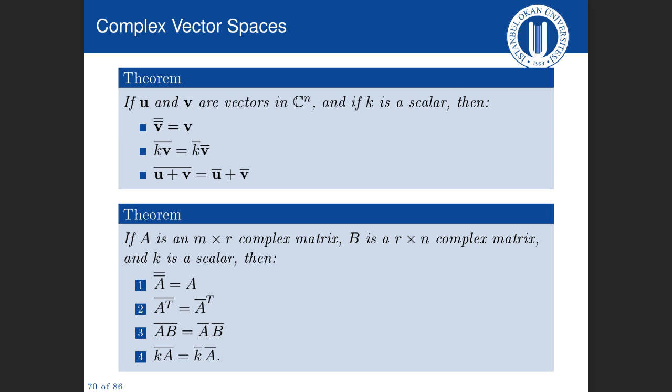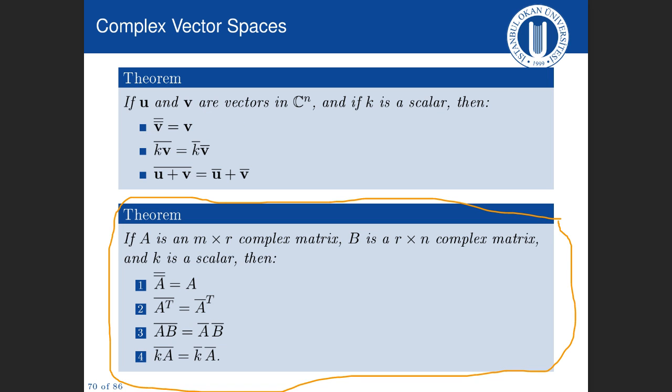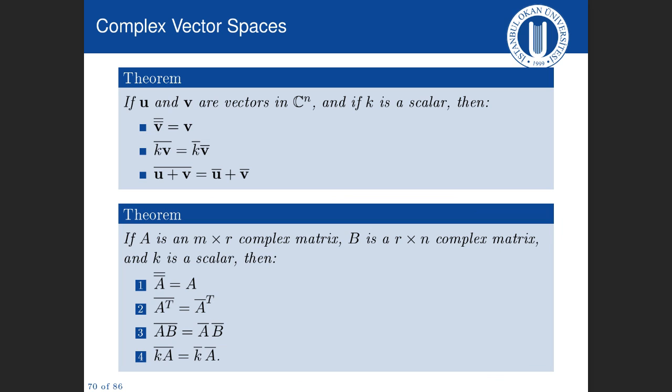And then we have the same idea for matrices. I'm being careful about the sizes of the matrices first of all, because I want to multiply them together, but let's not worry about that for now.